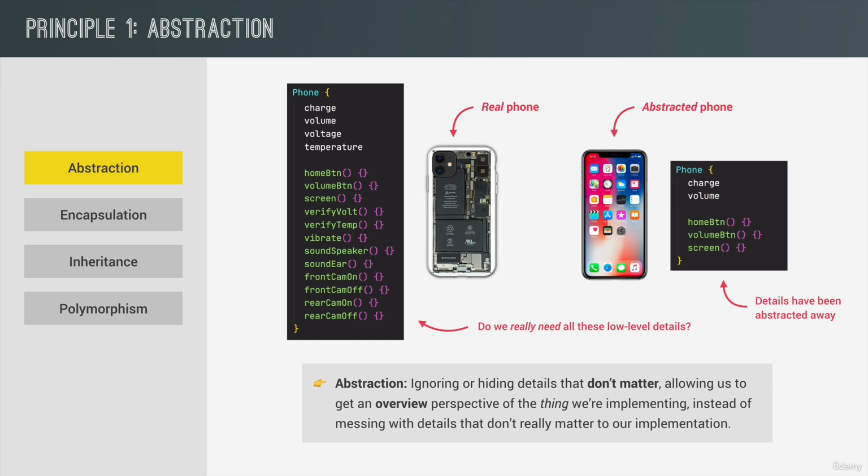Now, abstraction is really important, not just in OOP, but in programming in general. In fact, we create and use abstractions all the time. For example, take the addEventListener function that we use all the time. Do we actually know how exactly it works behind the scenes? Well, we don't. And do we care? No, not really, right?